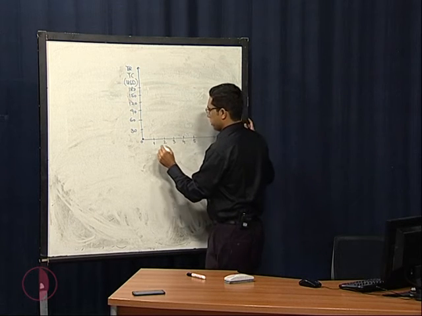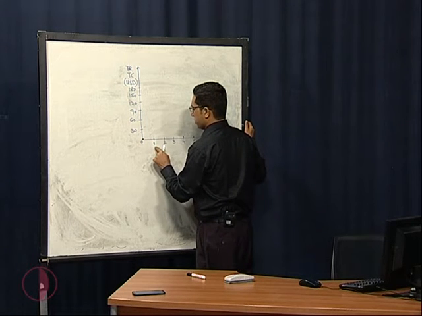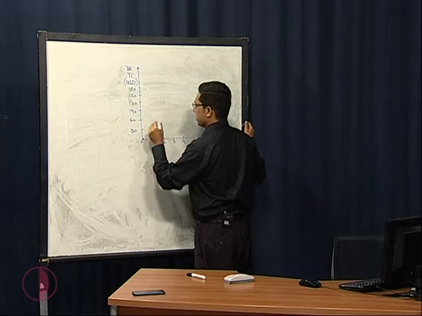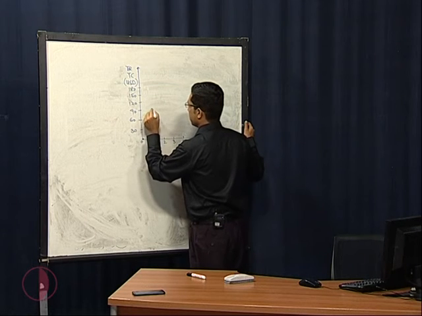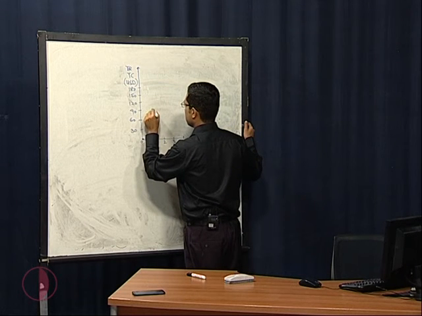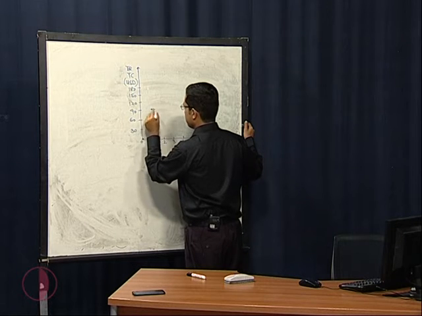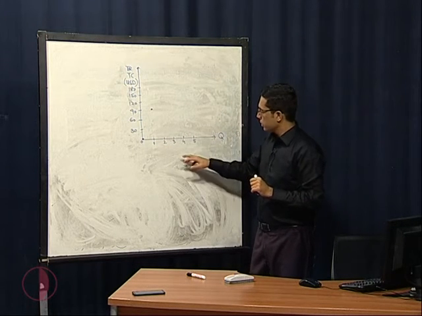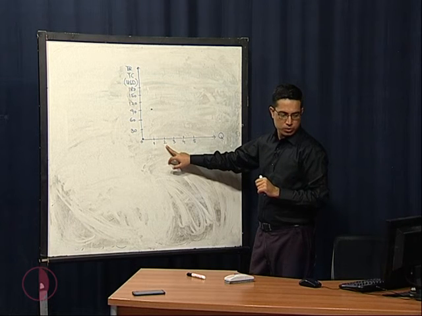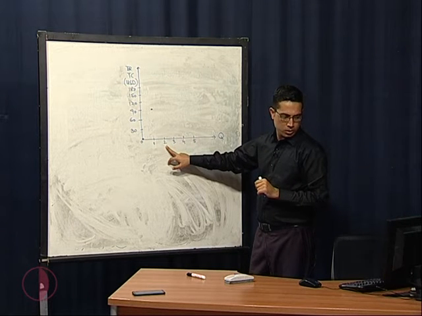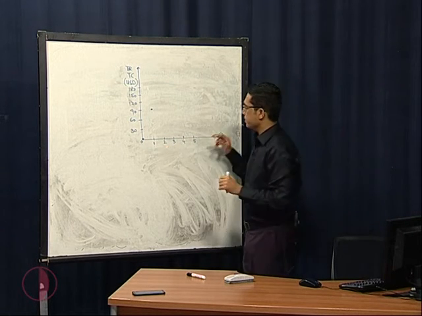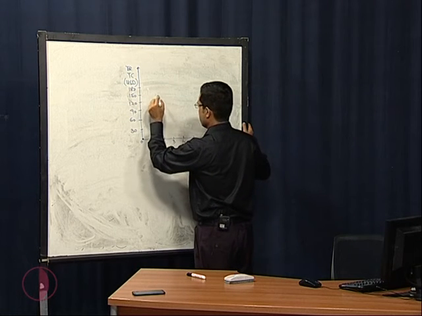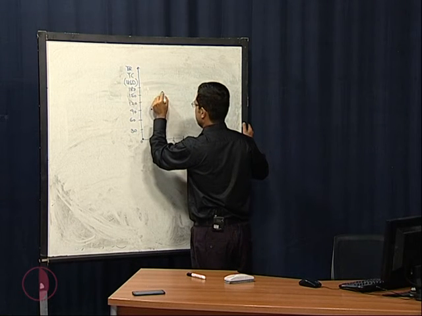When the firm produces 1 unit of output, the revenue was 90. So this is the point. When the number of units was 2, total revenue was 160.